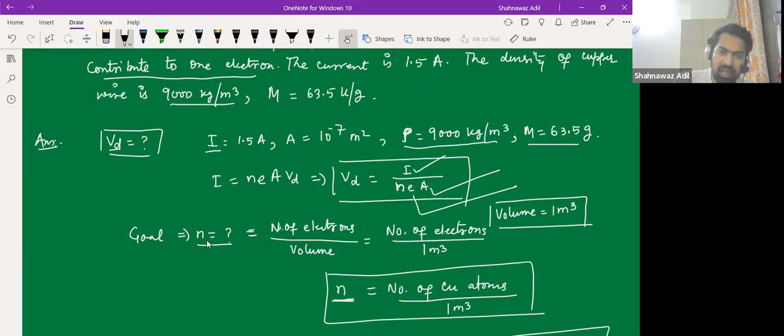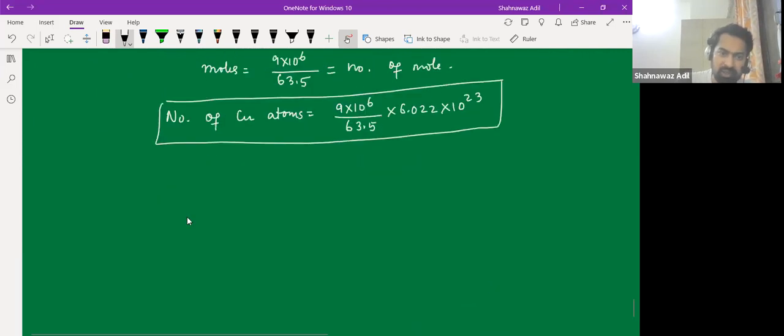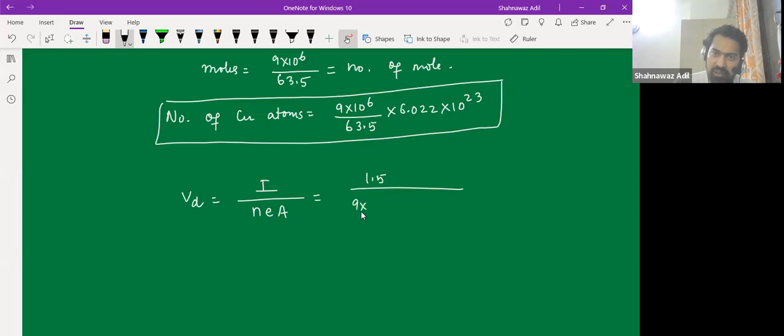Now we have this N, and we have this current, we have this area. Now we can calculate the drift velocity. So drift velocity would be I over N E A. So I is 1.5 ampere. N we just calculated.